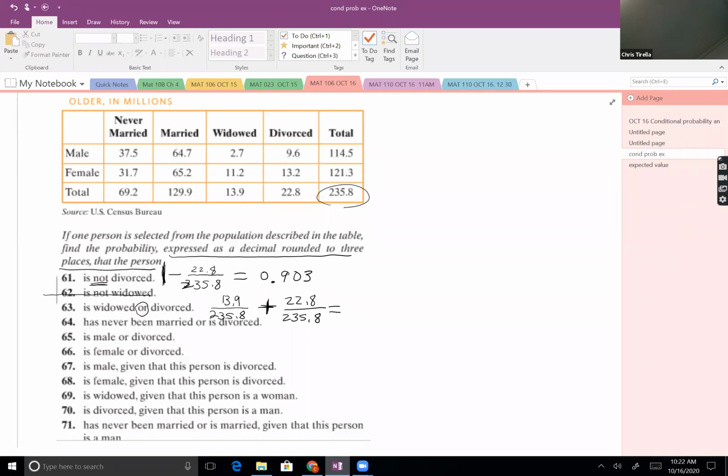So when I add those with my calculator, to 3 decimal places, is anybody else getting 0.156?